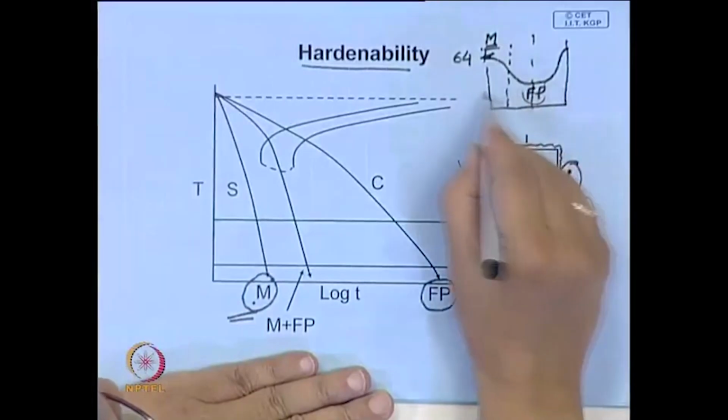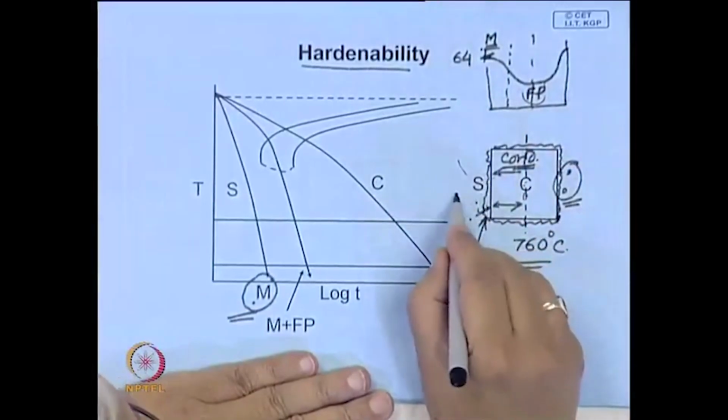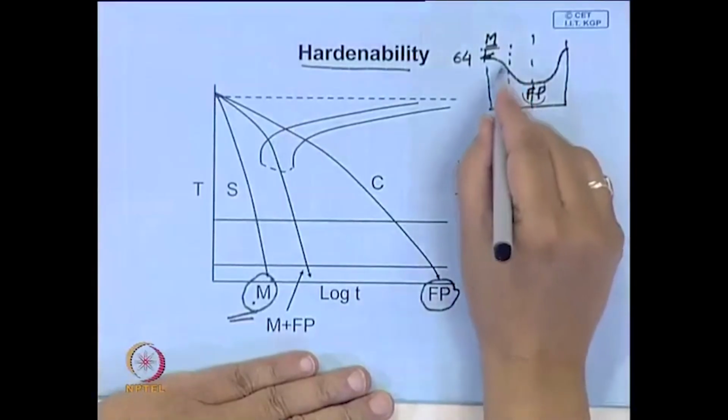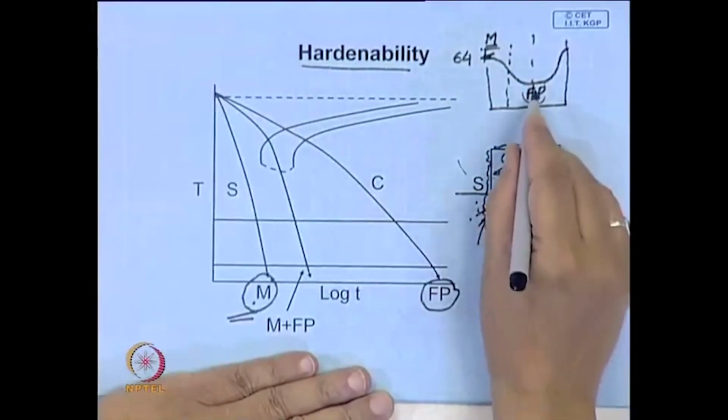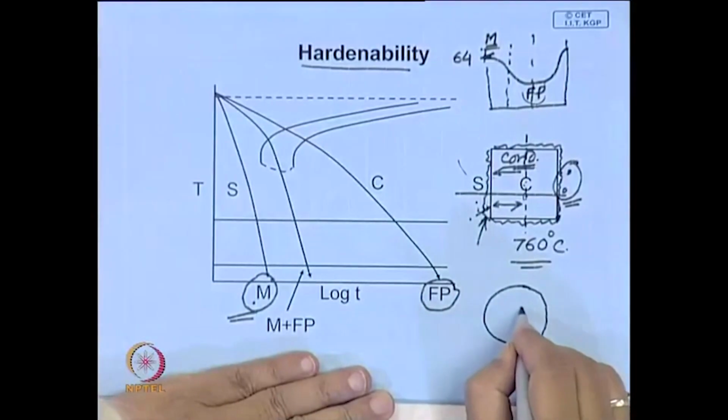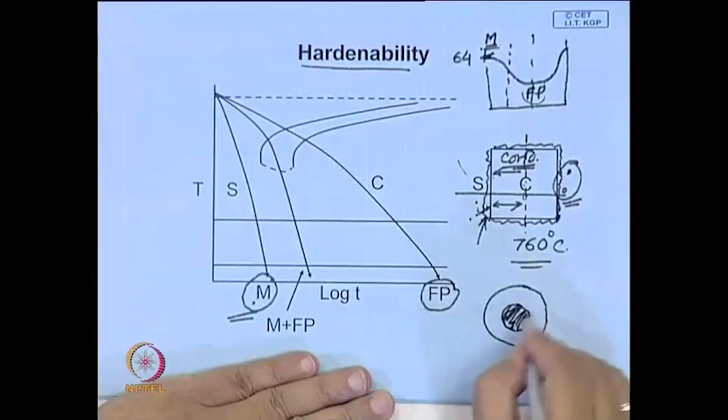And if, after quenching, you take a section and develop the microstructure, this demarcation is very easy, because martensite is difficult to etch. So, what you will find, then, this is the job, the center portion will etch. So, this will become dark, this is bright.